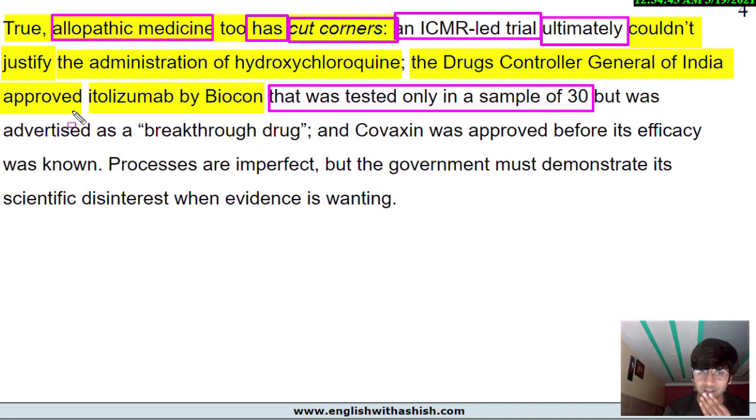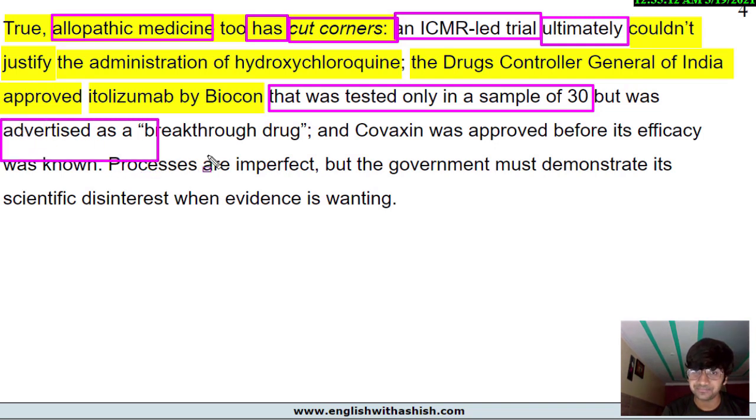Subject, verb, object, adjective clause, followed by but was advertised as a breakthrough drug. So the Drugs Controller General of India approved itolizumab by Biocon, that was tested only in a sample of 30, but was advertised as a breakthrough drug.